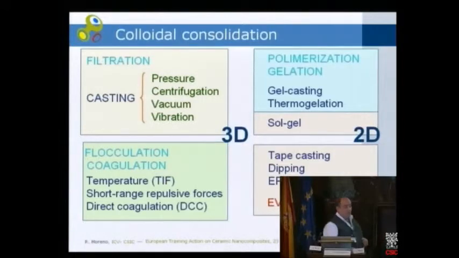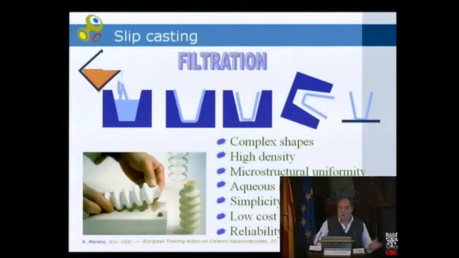For example, tape casting, which is useful to produce substrates, or dipping and electrophoretic deposition to produce mainly coatings. Well, with this knowledge, we know all the requirements of the powders in the beneficiation steps, and the main requirements are the control of zeta potential and colloidal stability, and their rheology in concentrated suspensions.